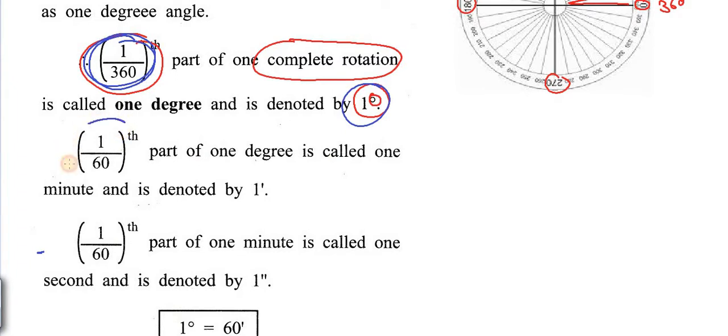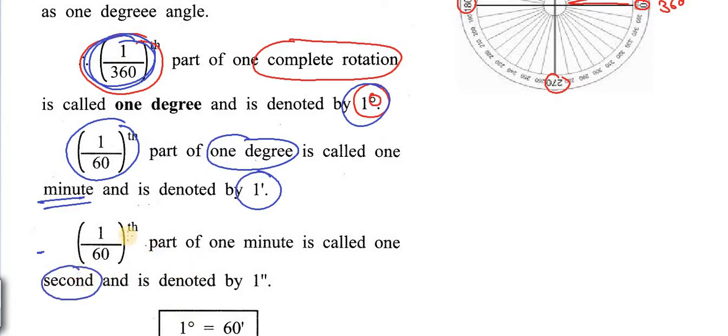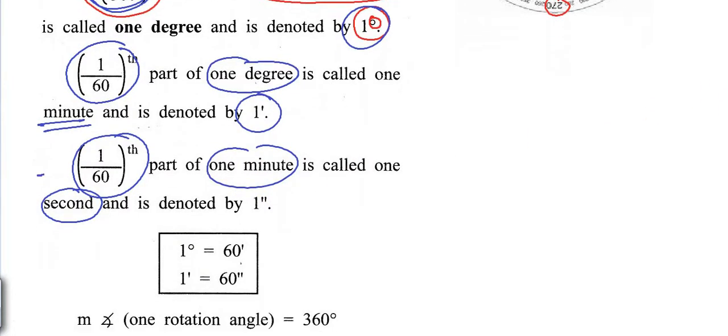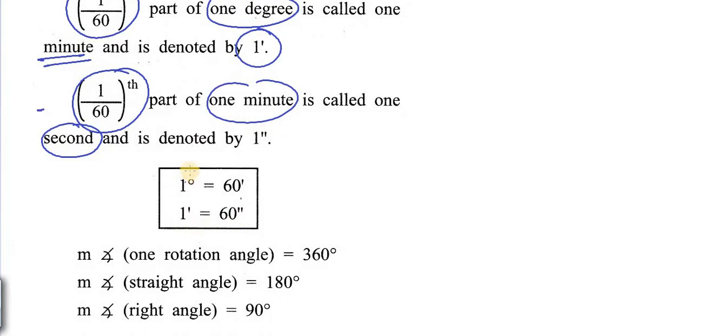So 1 upon 60th part of 1 degree is 1 minute. If a minute is divided into 60 equal parts, then one part is 1 second. Hence, in 1 degree there are 60 minutes, and in 1 minute there are 60 seconds.